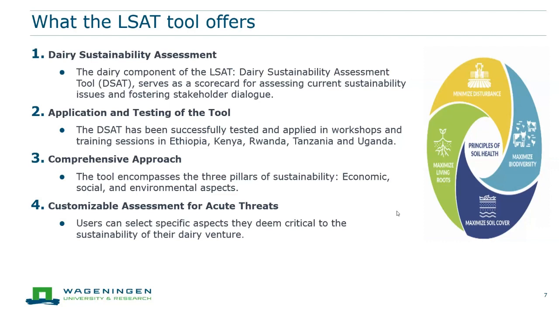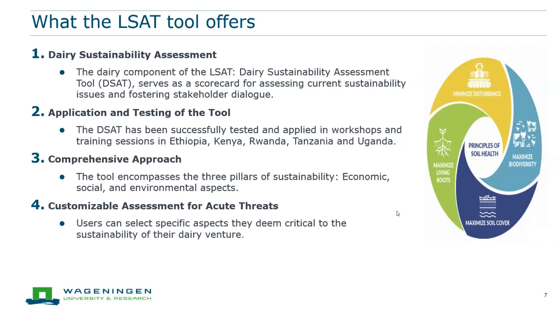They are covered by the tool, and while using it you can see how sustainable you are in each of the pillars. You can see if you are more sustainable economically, than socially, than environmentally, and you can also try to strike a balance between the different pillars of sustainability.